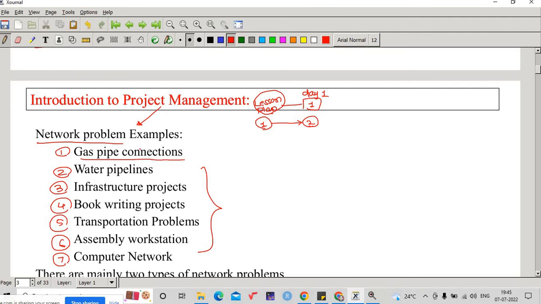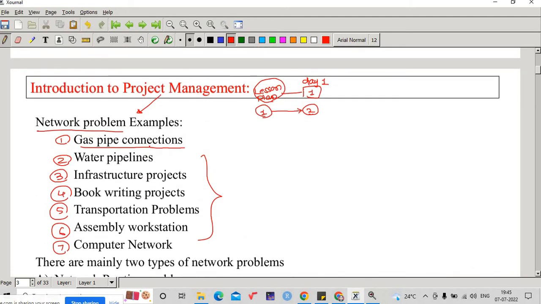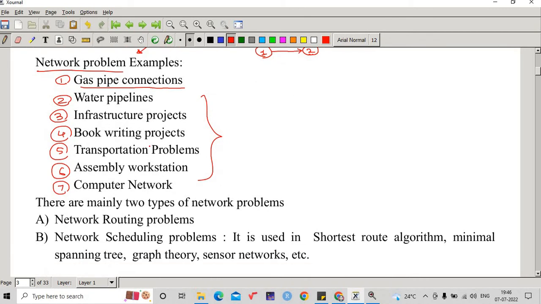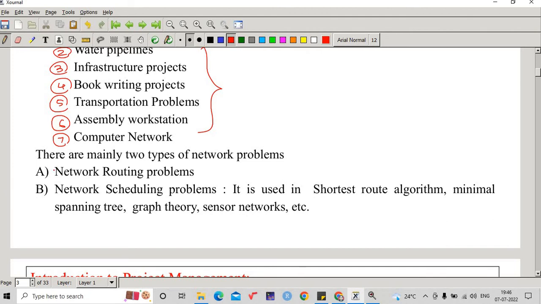So we are going to do that network analysis, that is, how the network is carried out to complete the entire project within time. The handling of all the activities together is nothing but analysis of our network, and solving the networking problem. All right. There are two different network problems.